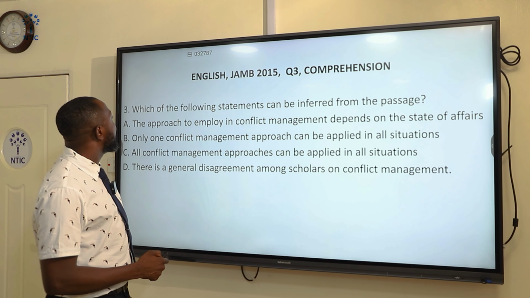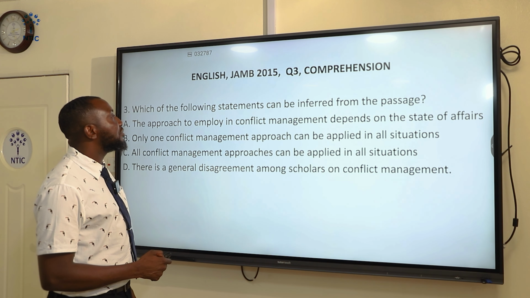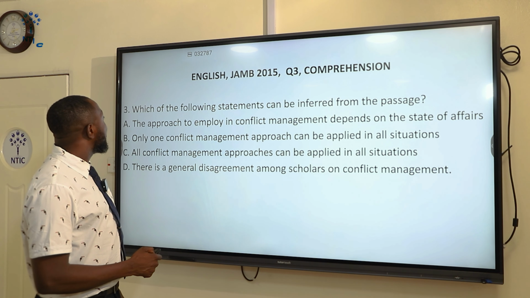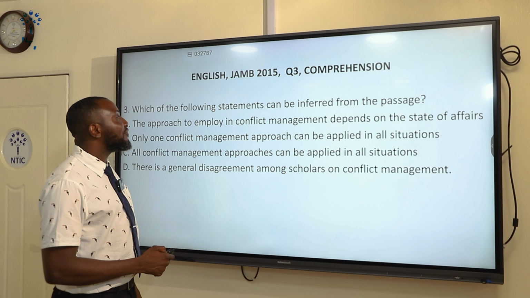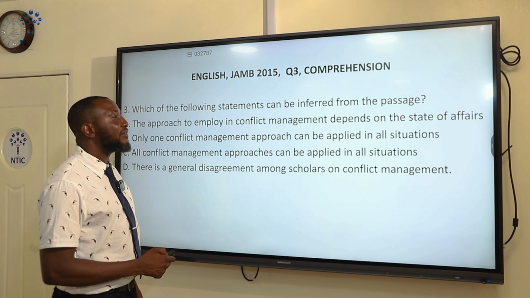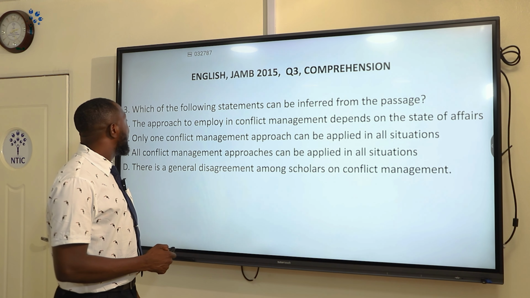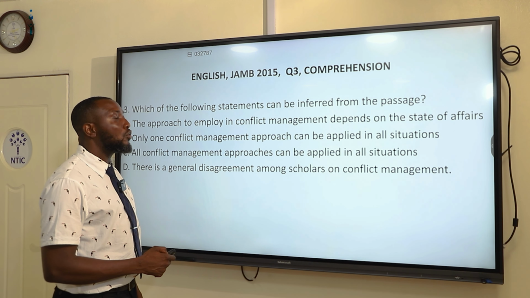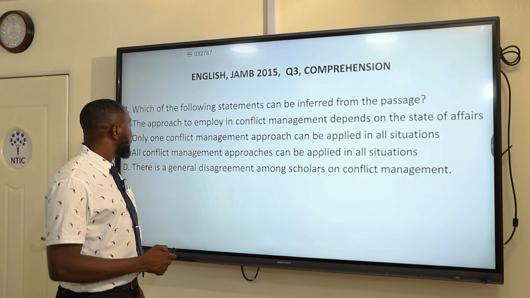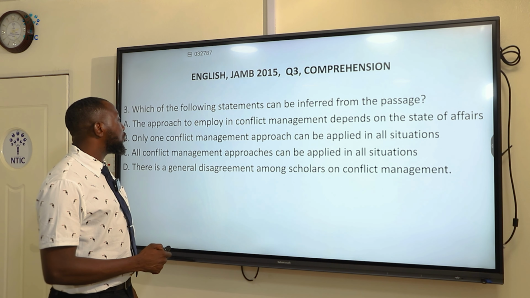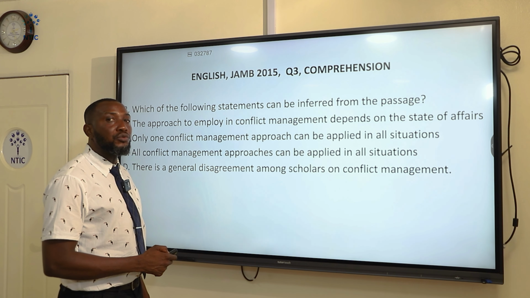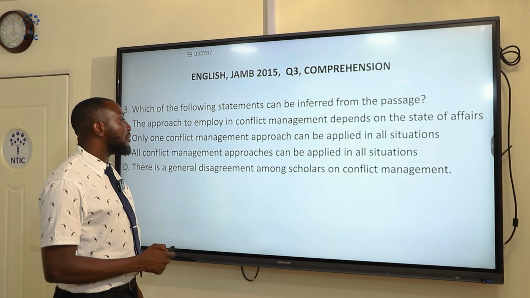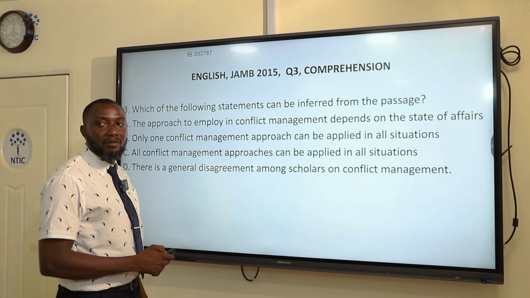Number 3, which of the following statements can be inferred from the passage? A, the approach to employ in conflict management depends on the state of affairs; B, only one conflict management approach can be applied in all situations; C, all conflict management approaches can be applied in all situations; D, there is a general disagreement among scholars on conflict management.